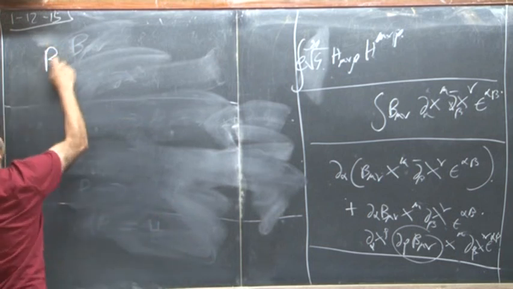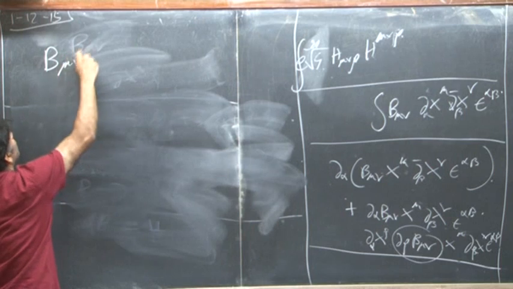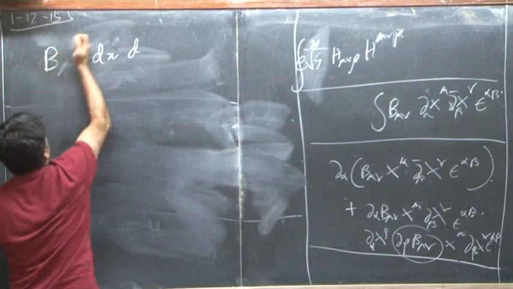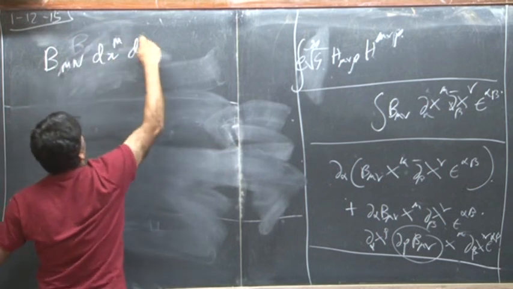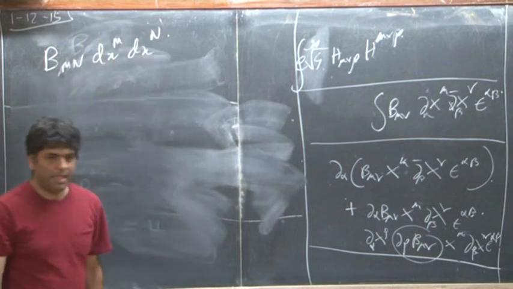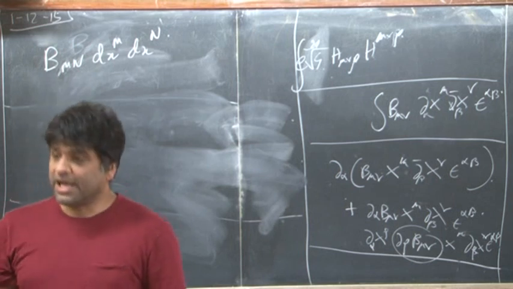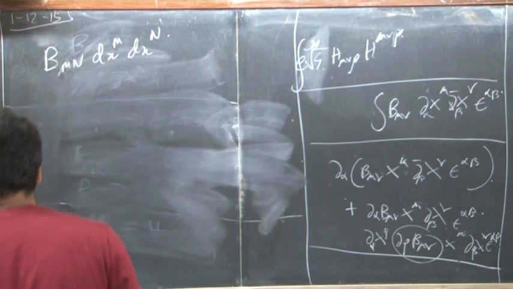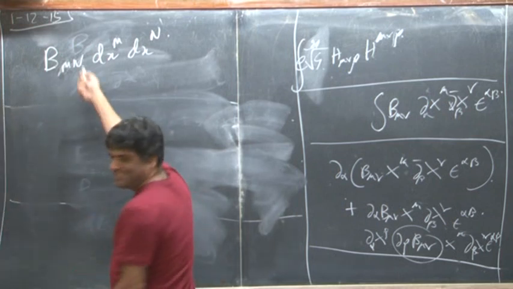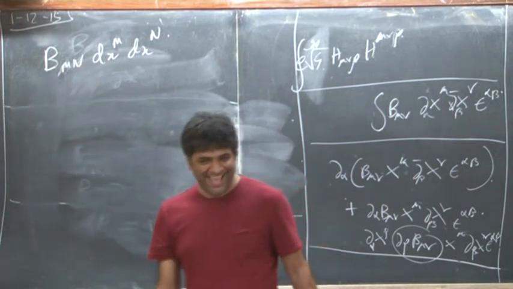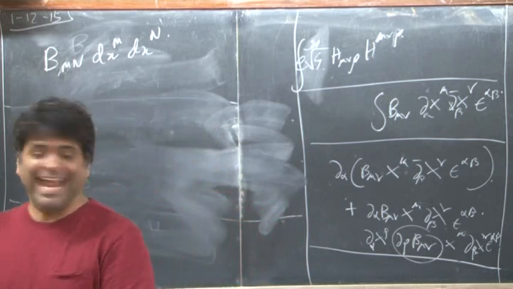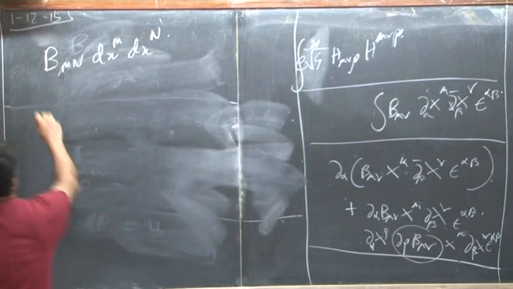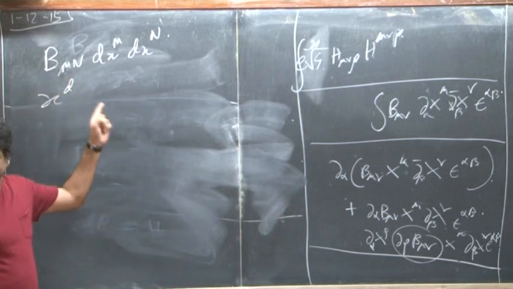So, you see, what is B? B was a two form that had the form B_mn dx^m dx^n. Now, under our Kaluza-Klein reduction, this n index ranges over all indices, including x^d, the circle direction.